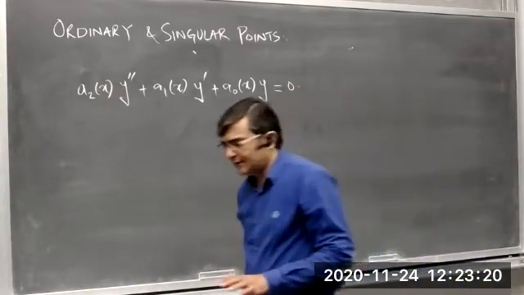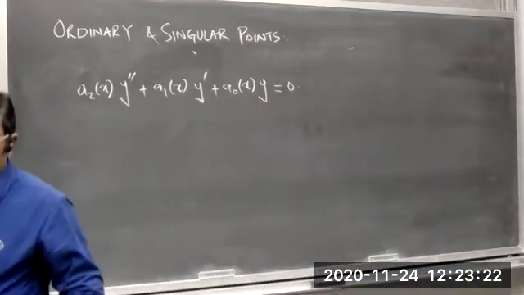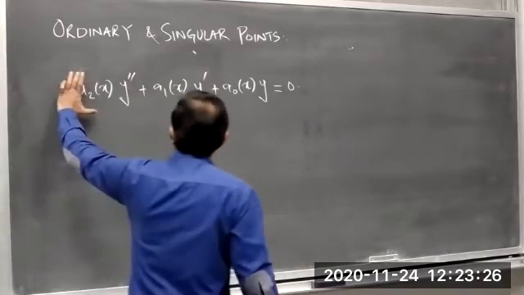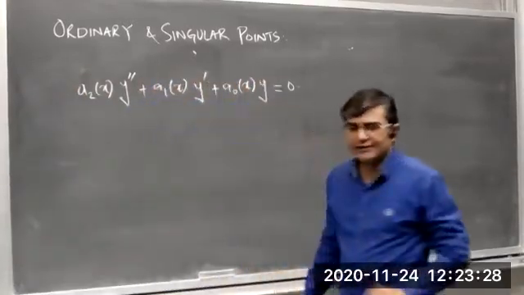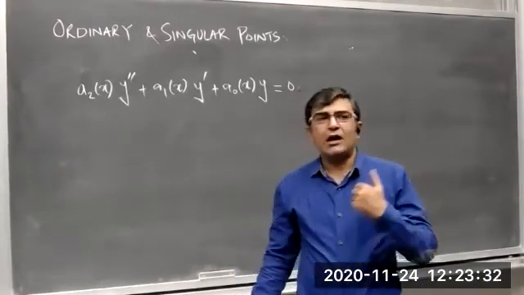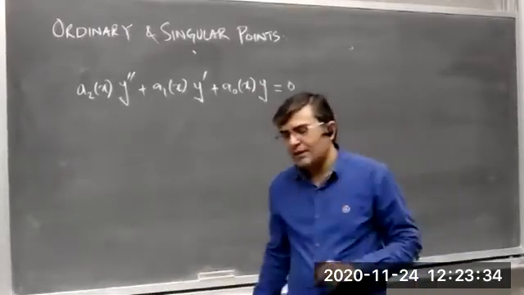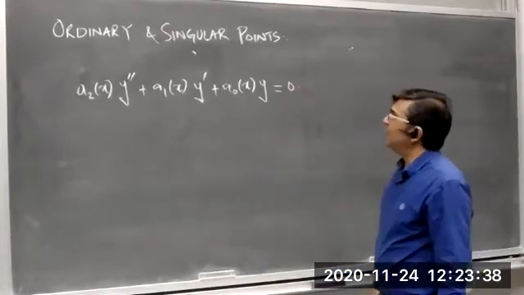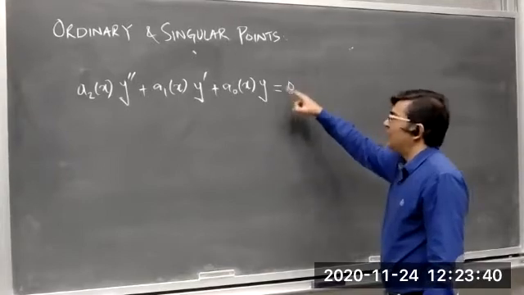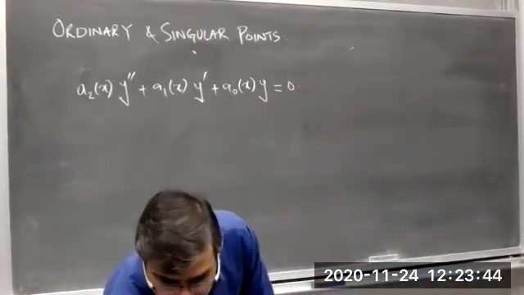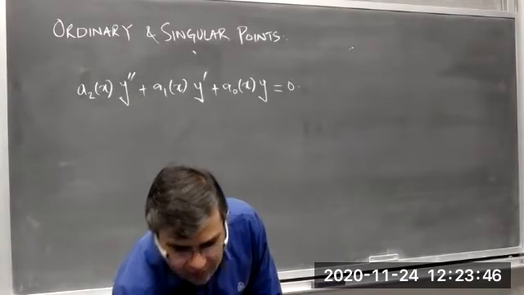I told you that we shall apply the power series method in order to solve particularly second order homogeneous linear differential equations. We can apply this method for higher order differential equations, obviously, and other kinds of differential equations which have a particular kind of right-hand side, for example, polynomial functions. Then we can apply this method as well.